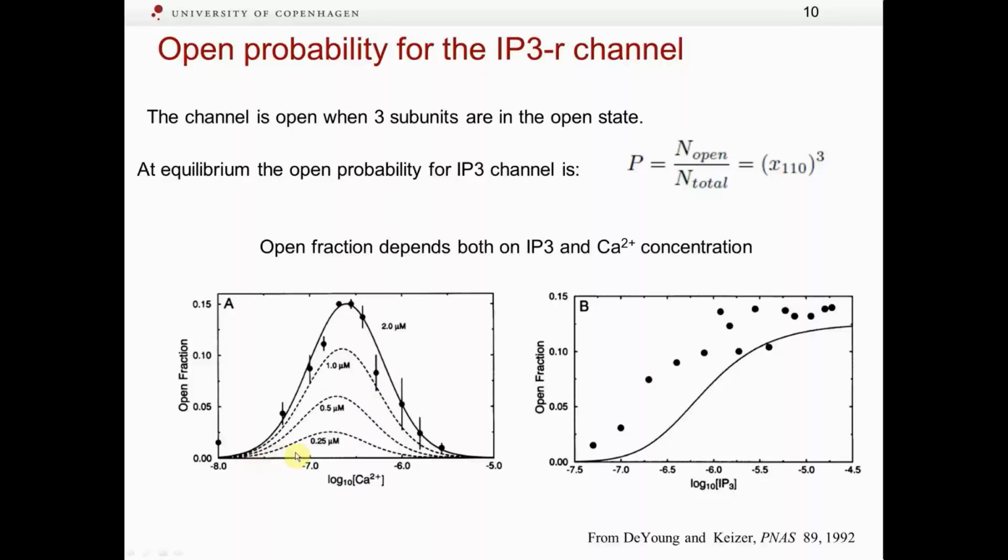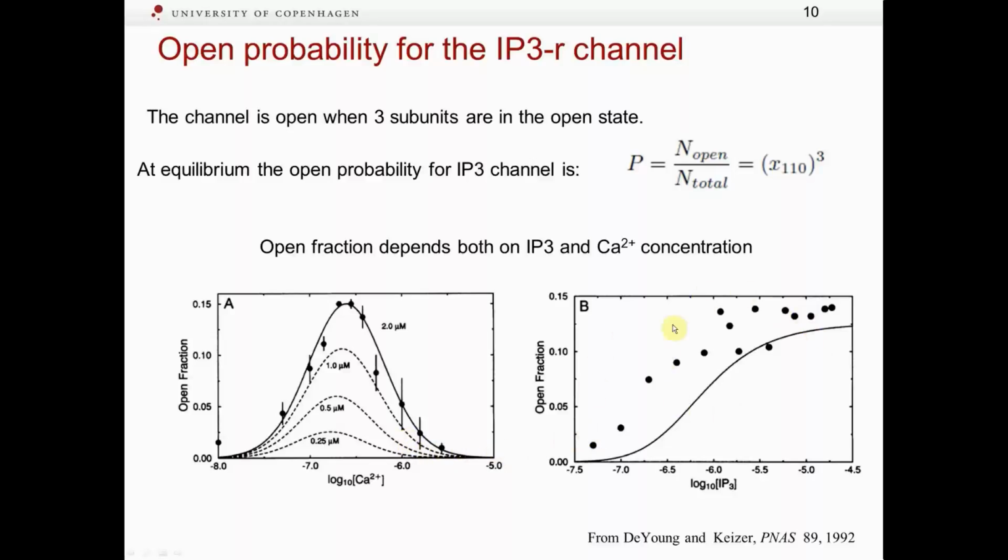As you can see, the open probability or the fraction of open channels increases very steeply with increasing concentrations of IP3, and the open fraction also increases for increasing concentrations of cytoplasmic calcium, but as expected, at higher levels of cytoplasmic calcium, the open probability decreases again due to occupation of the inactivating calcium site.